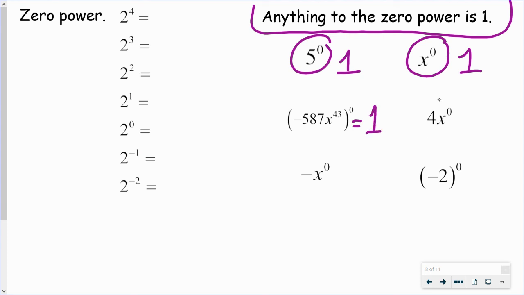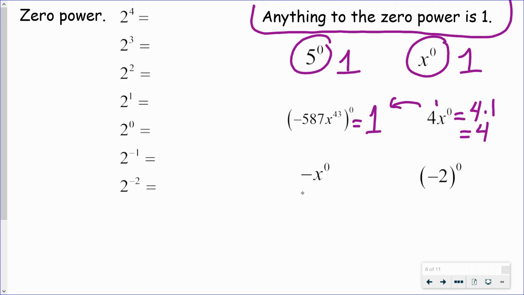Now be careful. This is 4 to the first power, which is just 4. X to the power of 0 is 1. So this one would actually be 4 because it's not in parentheses like that one.